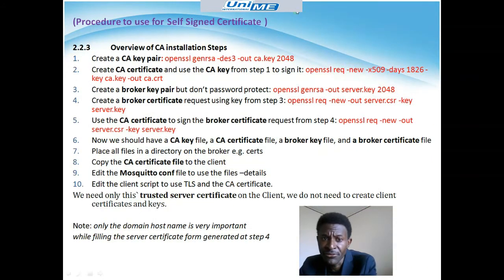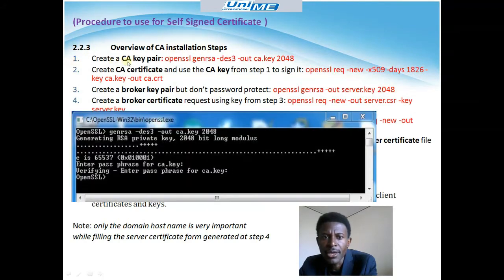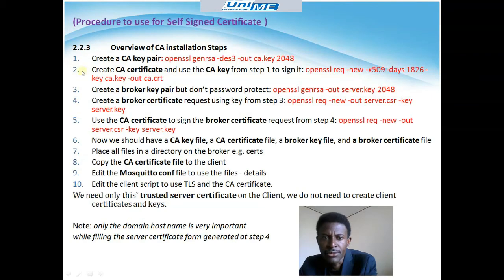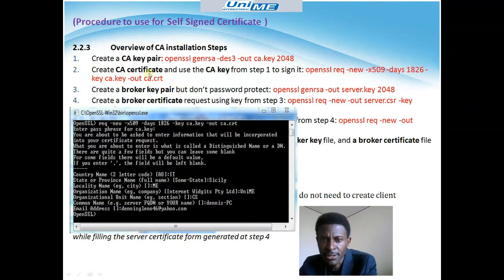This is an overview of how to generate a self-signed certificate for your project. Overview of certificate authority installation steps. Step 1. Create a CA key pair using this command. Step 2.